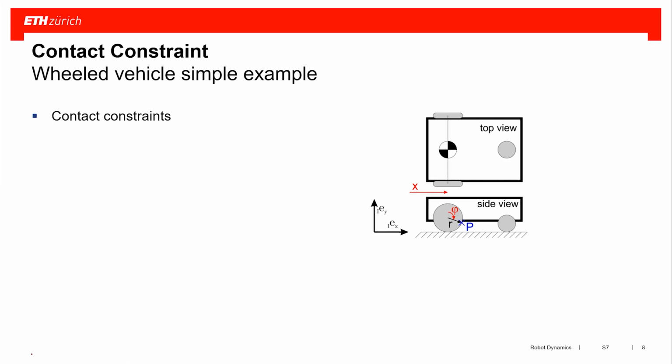So if I look at the contact constraint, I analyze this for the point P. What I have to write is r of this point P, so the position vector as a function of my q. And the generalized coordinates for this vehicle are, of course, x and the rotation of the wheel. We have an unactuated base, and we have an actuated wheel.